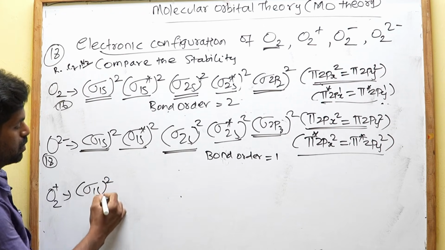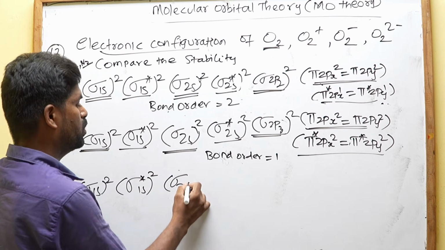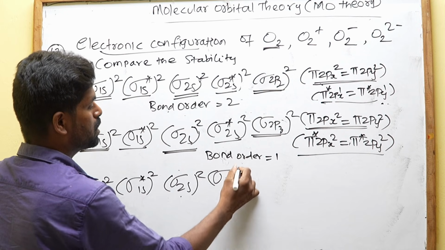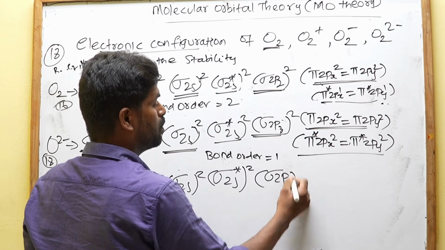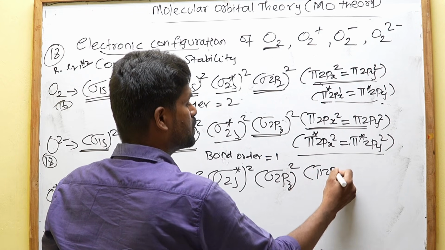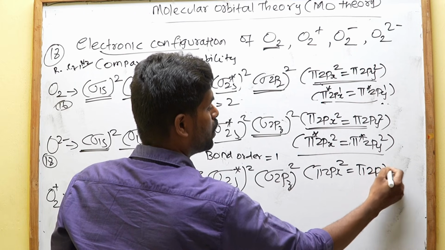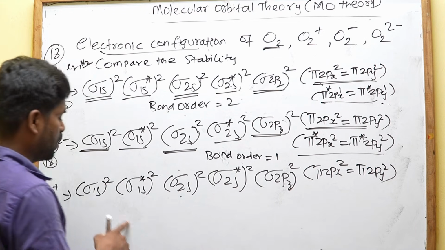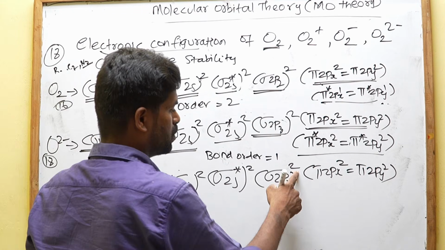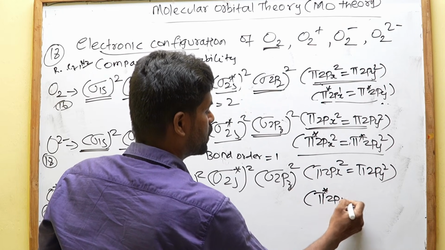Sigma 1s 2 electrons, sigma star 1s 2 electrons, sigma 2s 2 electrons, sigma star 2s 2 electrons, sigma 2pz 2 electrons, pi 2px 2 electrons and pi 2py 2 electrons. This is a 15 electron species. Therefore we have already completed 2, 4, 6, 8, 10, 12, 14. So only one is left, that is pi star 2px 1.